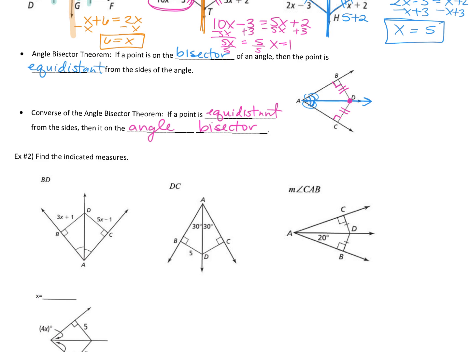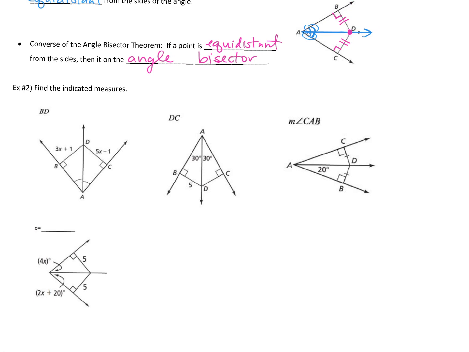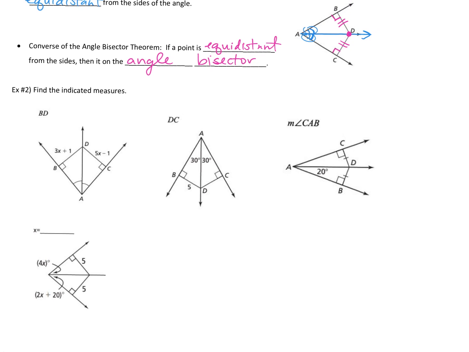All right, 4 problems, and then we're done. Let's think about this. It says find the indicated measure. So for this one, they want you to find BD, okay? They want you to find this length. What do you notice?